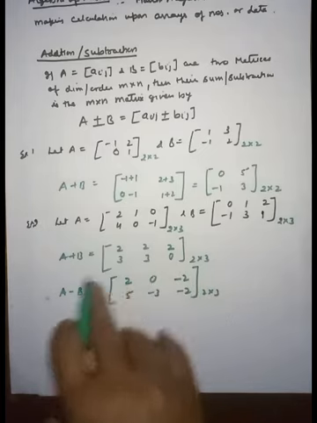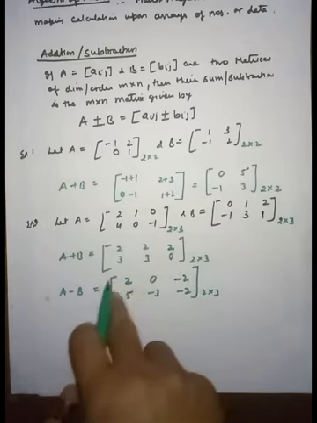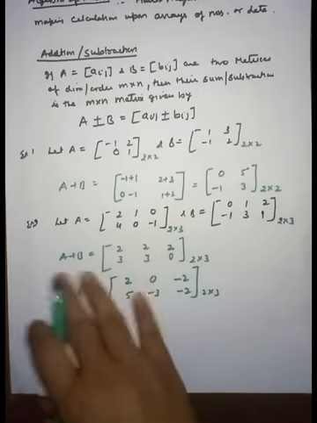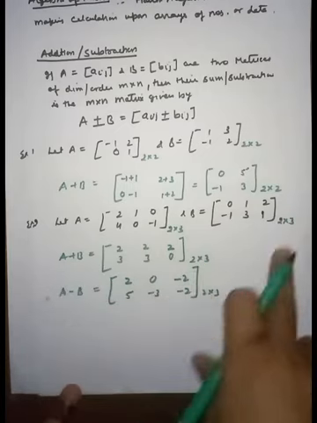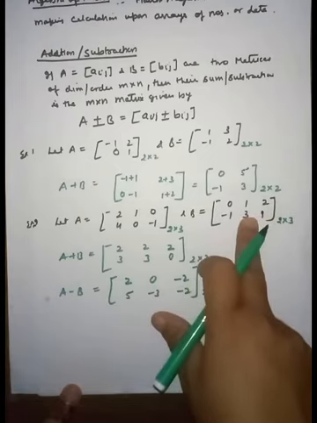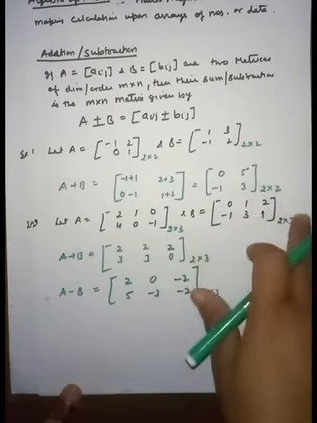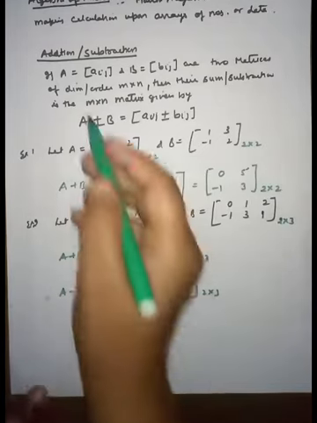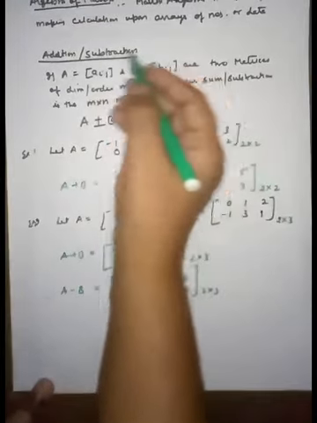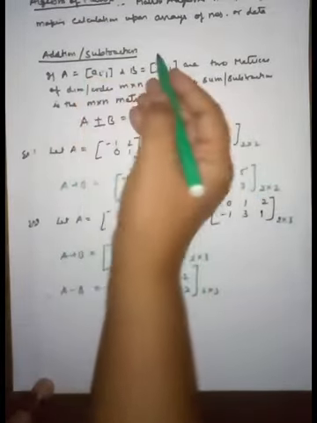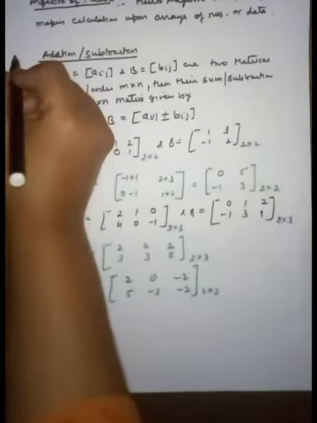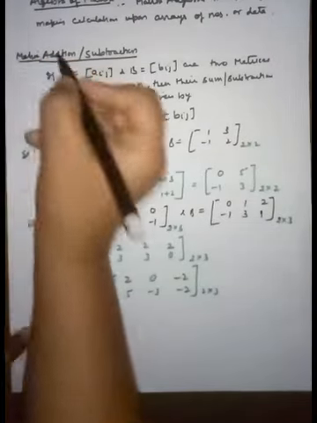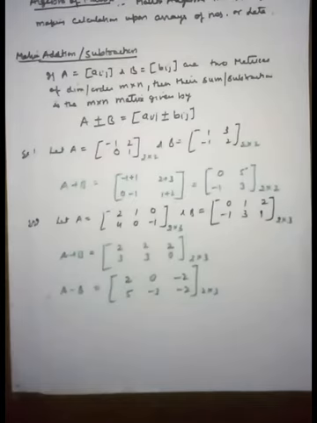You just add or subtract each element of the first matrix to the element present in the same position in the second matrix, right friend? So this is the first operation, matrix addition and subtraction.